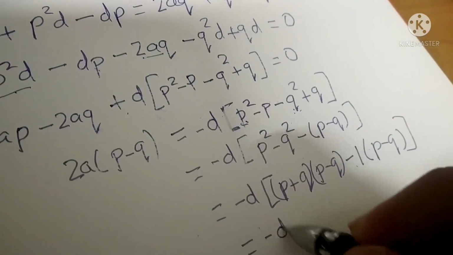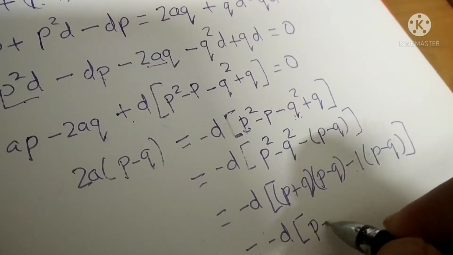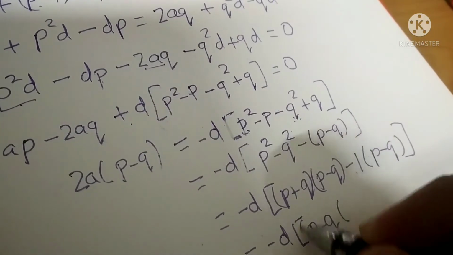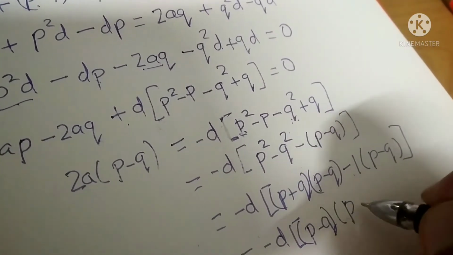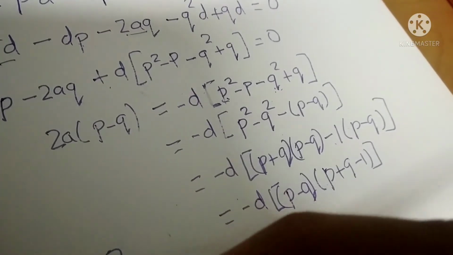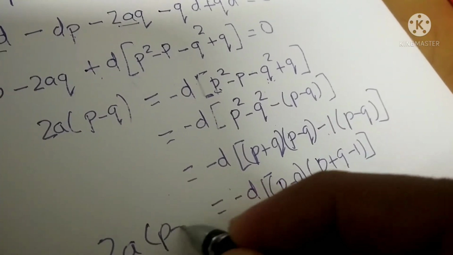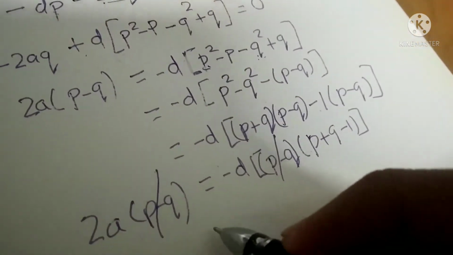This is equal to minus d into p minus q कॉमन हो गया और ये बन गया आपका p माइनस q कॉमन ले लिया दोनों में से, तो p प्लस q माइनस 1. सो यहाँ पे भी आपका 2a p माइनस q है. सो दिस p minus q, minus q cancels हो जाता है.